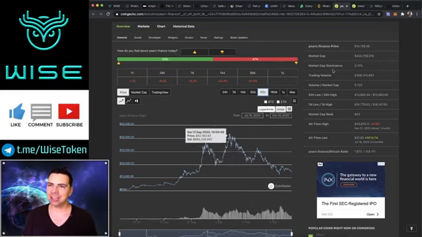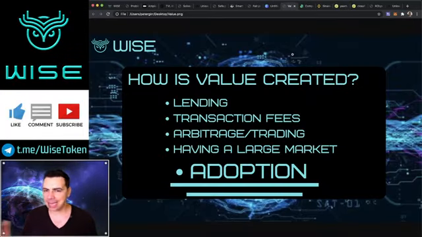But it doesn't have a use. The Bitcoin system doesn't lend out to other protocols to make money. The Bitcoin system doesn't have transaction fees on other exchanges. Binance doesn't send money into the Bitcoin system to create value every time there's a transaction happening. So a lot of people misunderstand this, but really the most important thing is adoption.